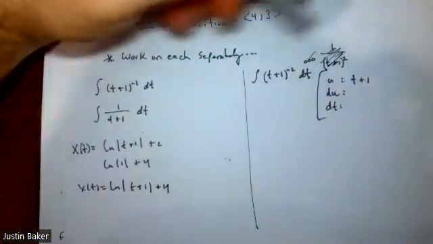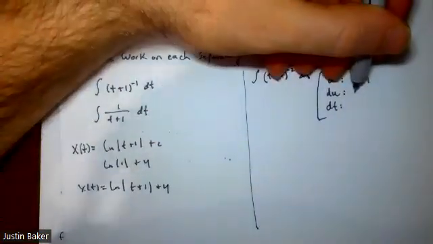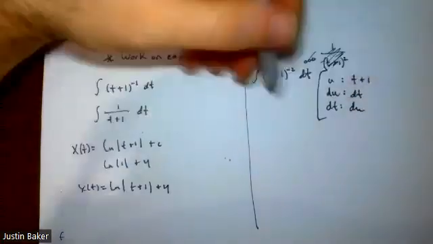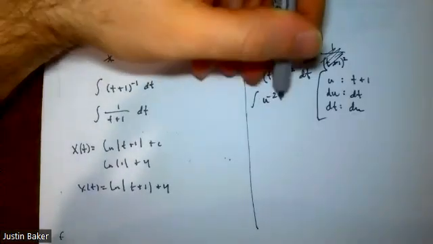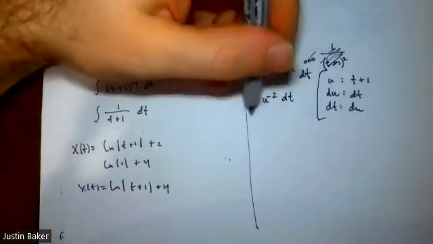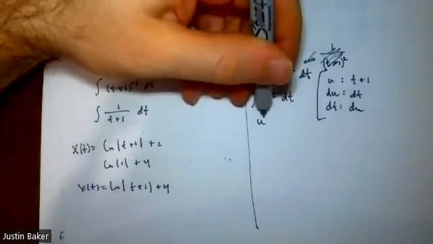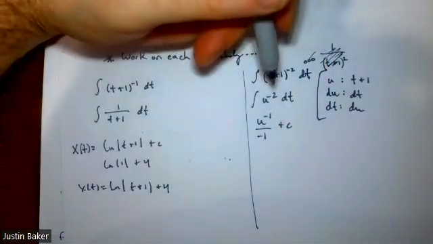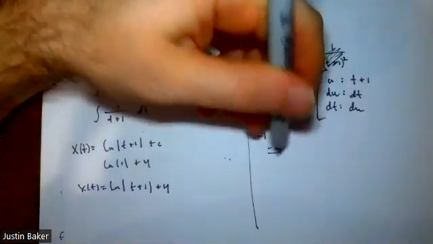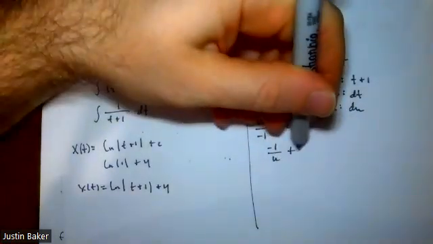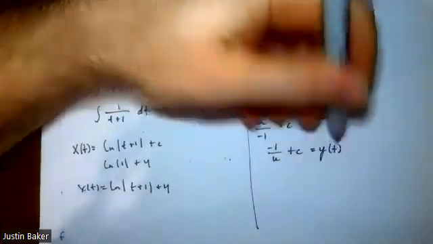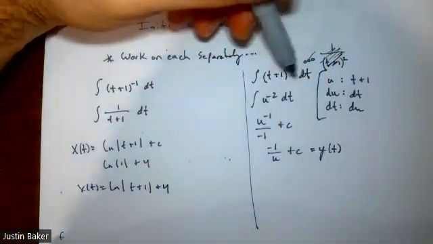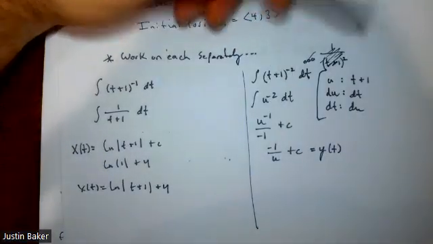And on the other side, when we did this, dt is du. So this would be us integrating u to the negative 2 du. When you integrate that, that's going to be u to the negative 1 over negative 1, plus c. If we clean that up, that's negative 1 over u, plus c, and that's equal to y of t, our position function for the y part of this vector. Then what point did we have here?